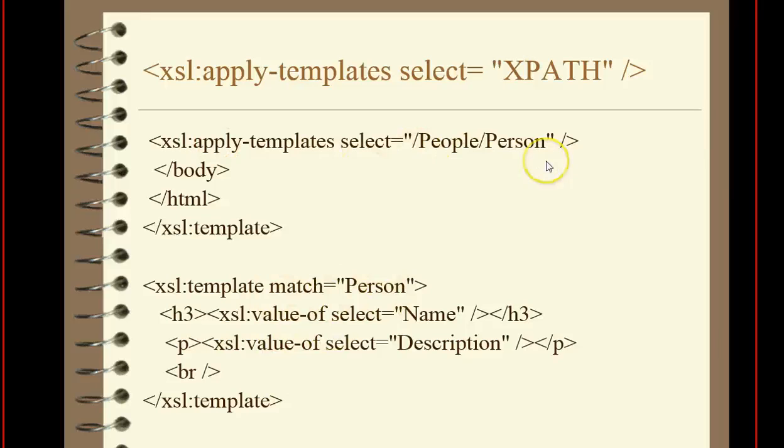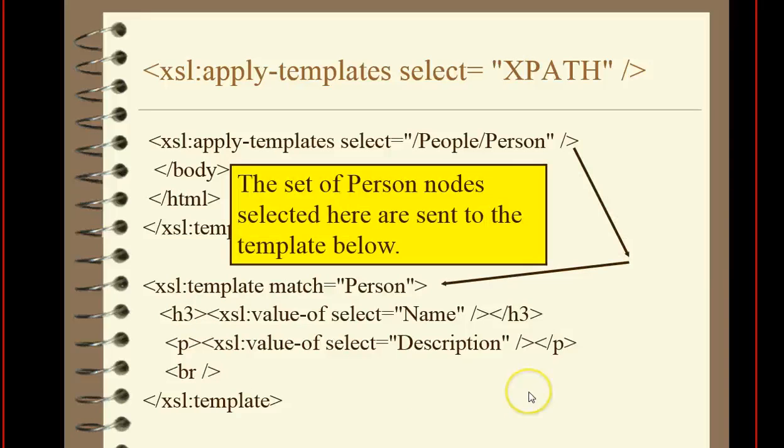So there's the full path, and that grabs all the person nodes, sends them to the template, and then for each person we create a level 3 heading, and we use their name as the text for the heading. And then we have a paragraph with a description. And again, if I wanted to do styling, which I almost always want to do, I'd throw a class in here to be able to do the style and continue with that. Okay?